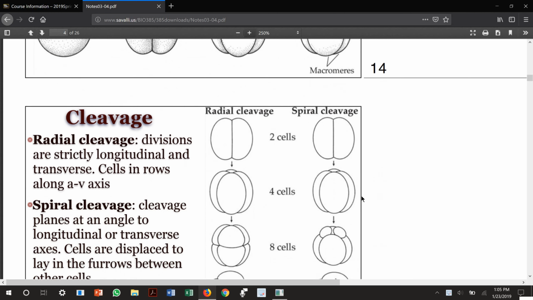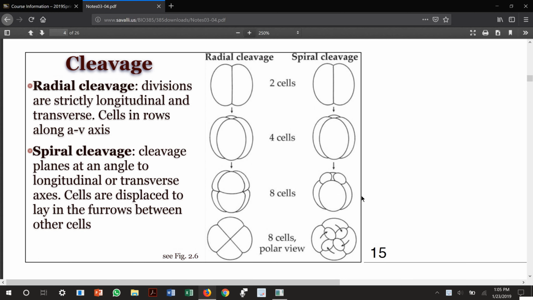All right. The other big thing to consider in that first set of 3 cell divisions is whether the cleavage is radial or spiral. So we have radial on the left, spiral on the right. The first cell division and the second cell division basically look the same in both. That is, you have one cell division to divide the original cell into 2 daughter cells, a second division that divides each of those, so you have a total of 4 daughter cells.